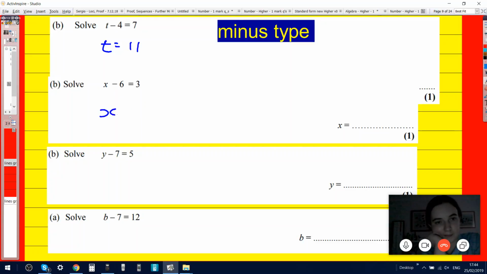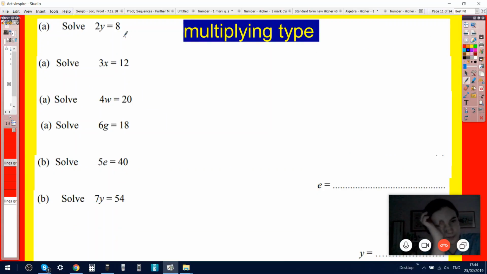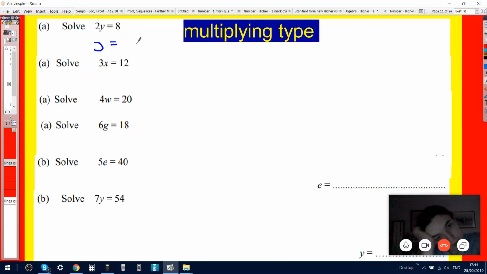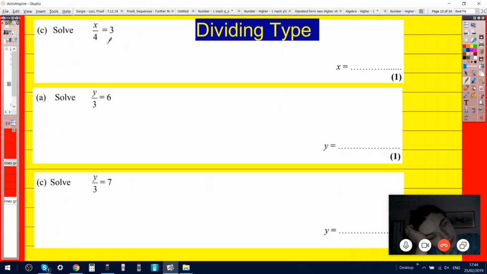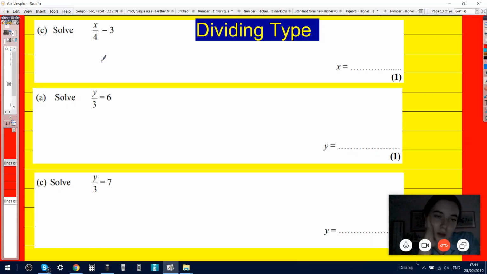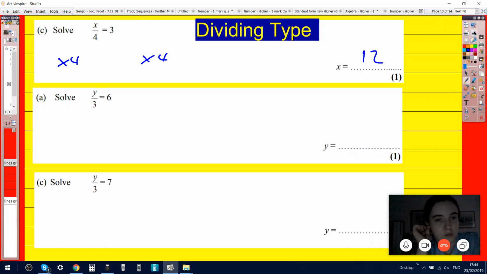This one? x equals 9. This one? y equals 4. This one? x equals 12. Yes, so x is divided by 4, and so you do the opposite. You times both sides by 4. 3 times 4, 12.